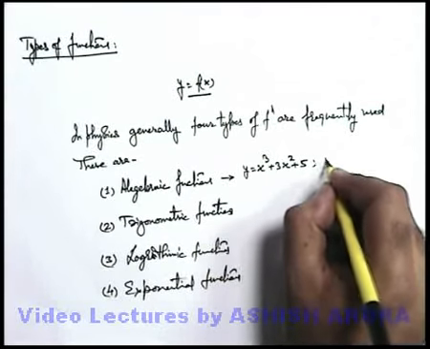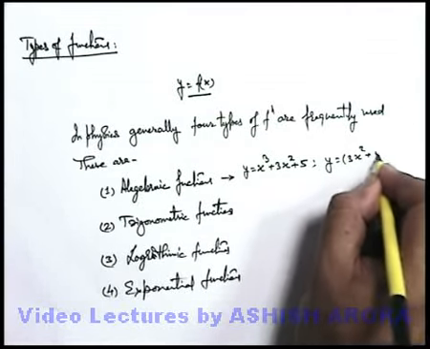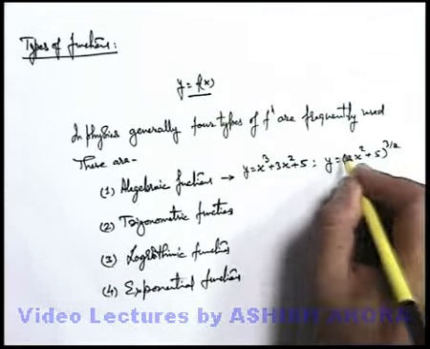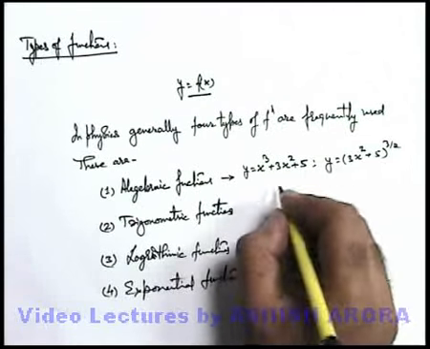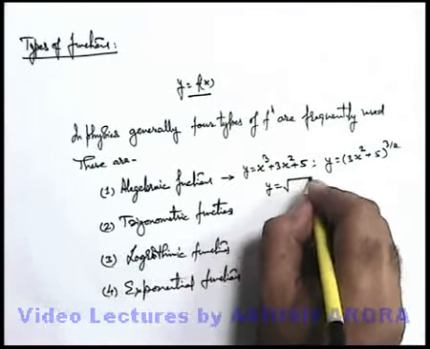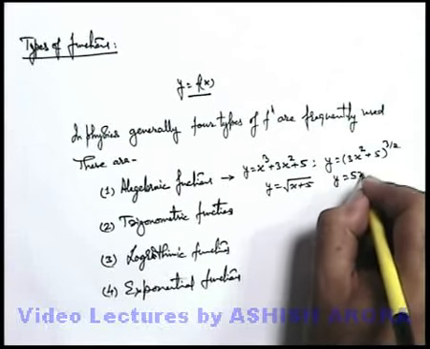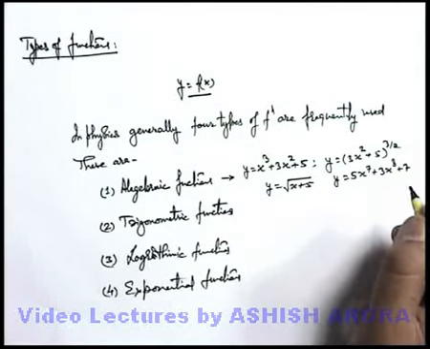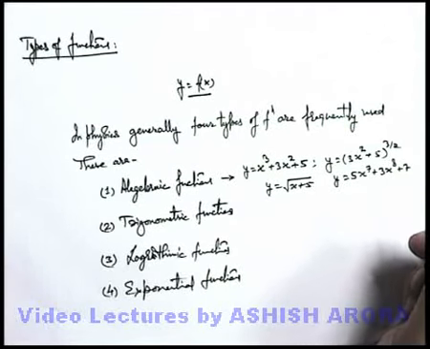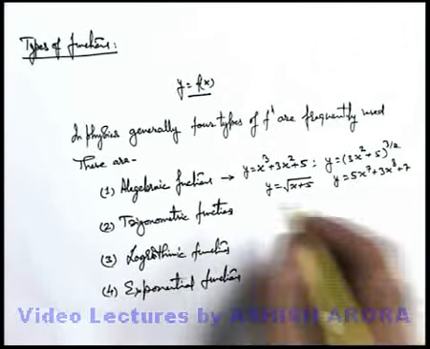Or like we consider y is equal to 3x square plus 5 to power 3 by 2. This is an algebraic function because powers contain only constant numbers. We can have various functions, y is equal to x plus 5, y is equal to 5x to power 7 plus 3x to power 8 plus 7. All these are studied under the category of algebraic functions.